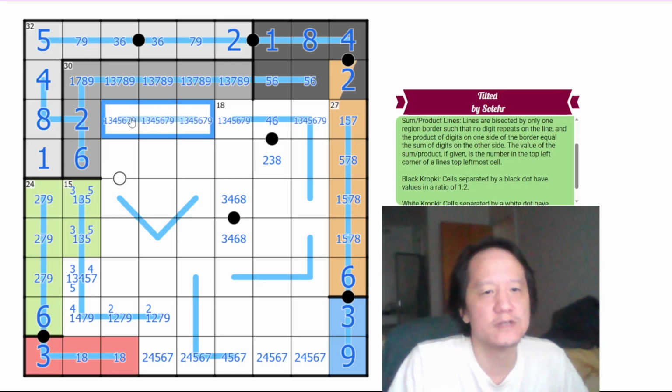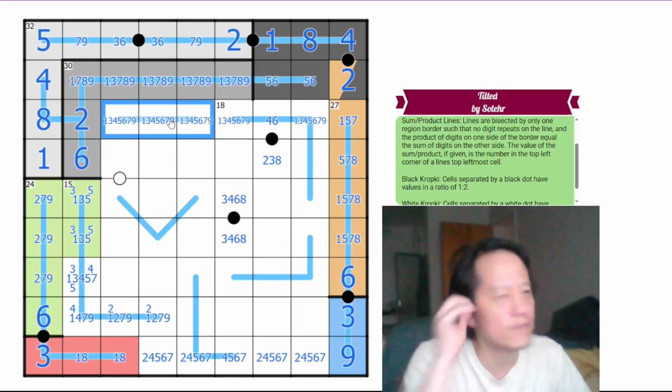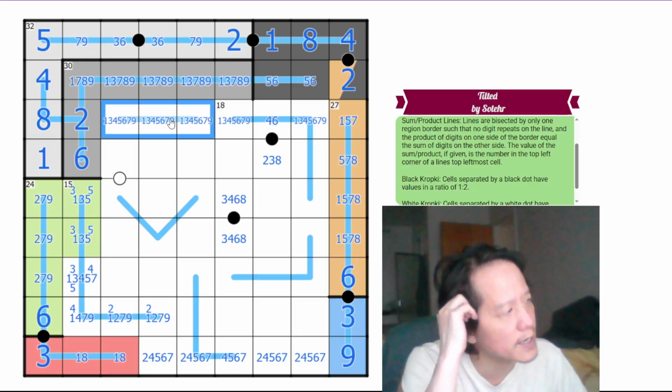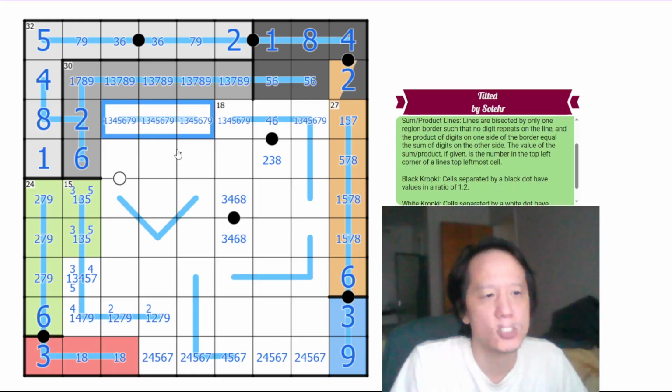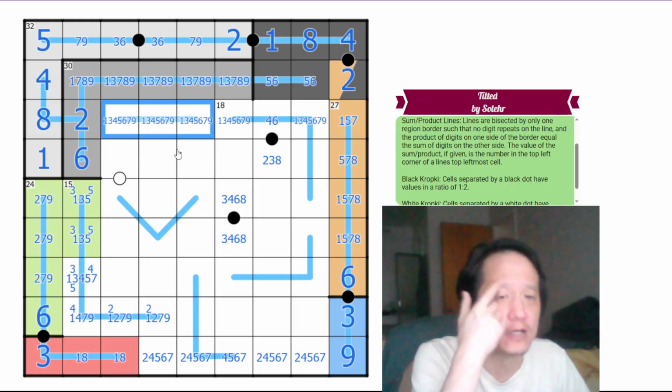Okay, this is definitely divided in 2. How do you divide this in 2 such that you have a product on one side and a sum on the other side that add up to each other without a 2 or an 8? Well, a single digit is the product of another digit.